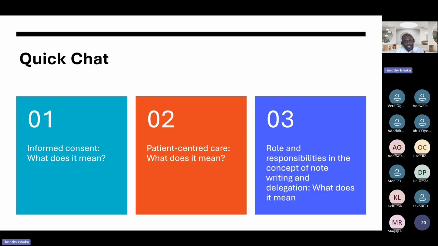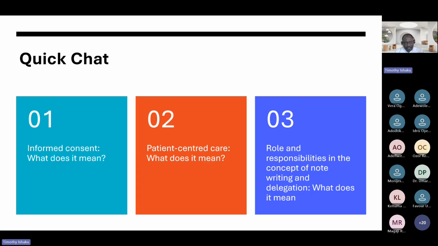When we are delegating those responsibilities that fall within our jurisdiction, when we are asking those rehab assistants or those porters, those people that support us in enhancing patient care, or support workers, we are assigning tasks.